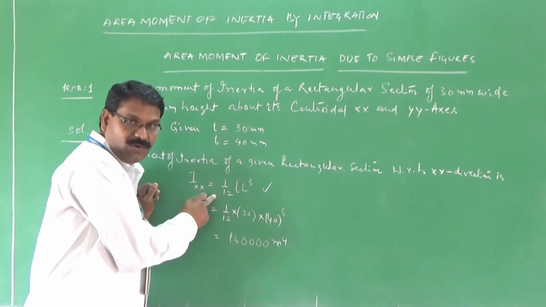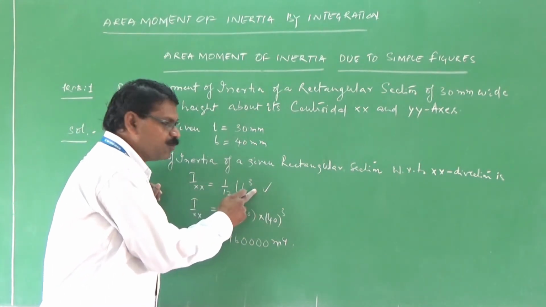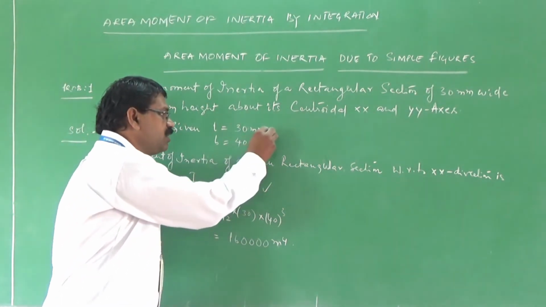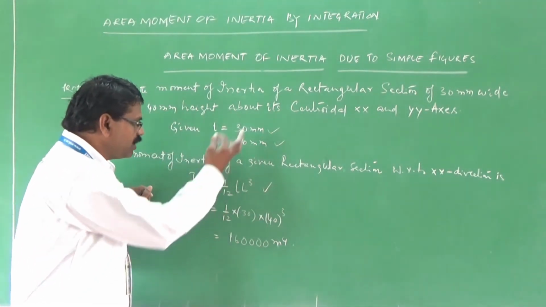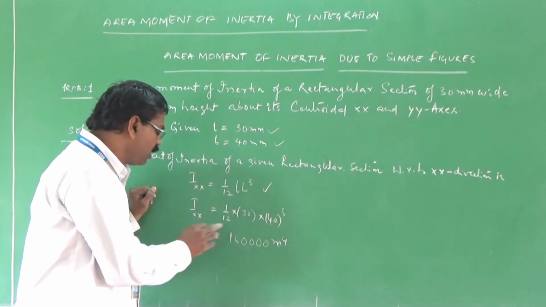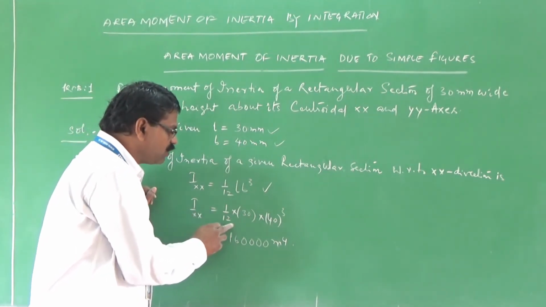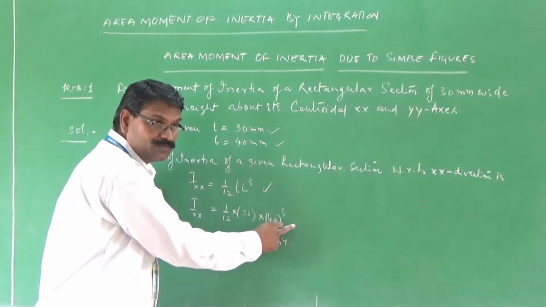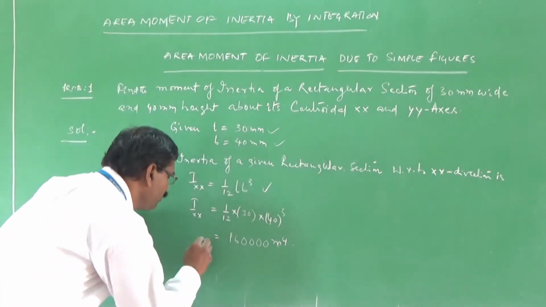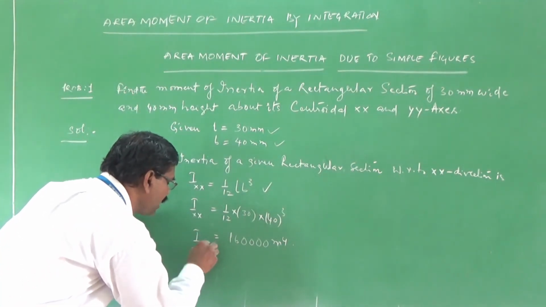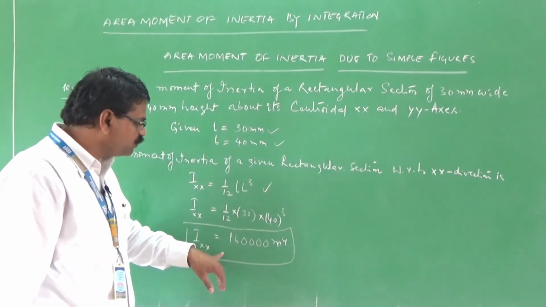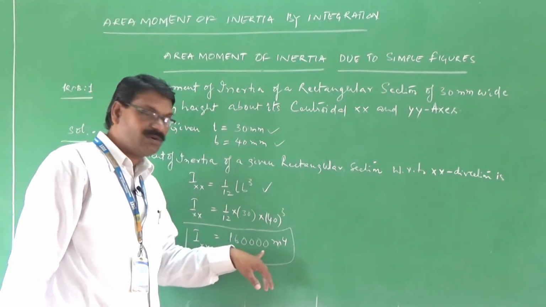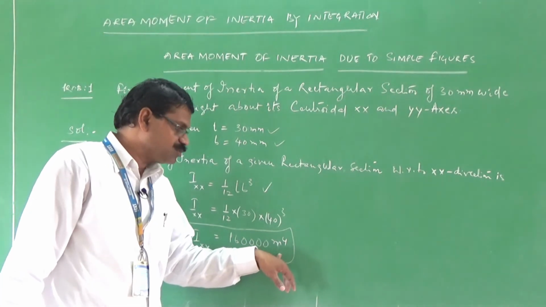Ixx is equal to 1 by 12 L B cube. My L is called length that we have given here, and my B is breadth that we have given here. Therefore, bring both of the values and substitute in this formula, we will get Ix is equal to 1 by 12 into 30 into 40 whole cube. After simplifying this, we will get the value of Ix, which is equal to 160000 to the power of 4.